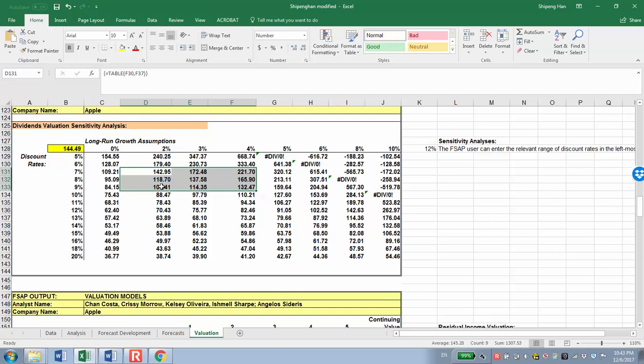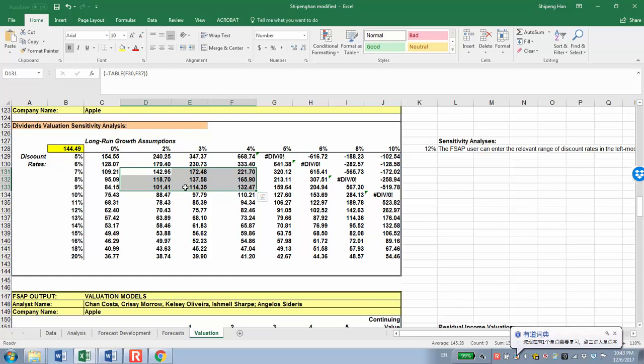The only case is when the growth rate is 2% and the discount rate is a high 9%. So the value of Apple stock is more likely to be greater than the current price.